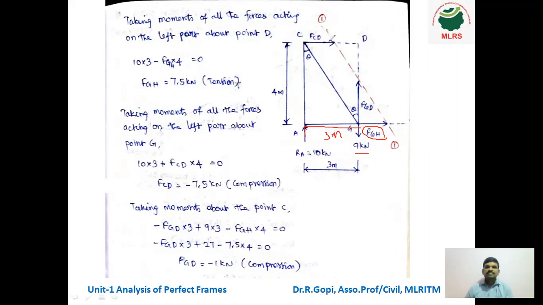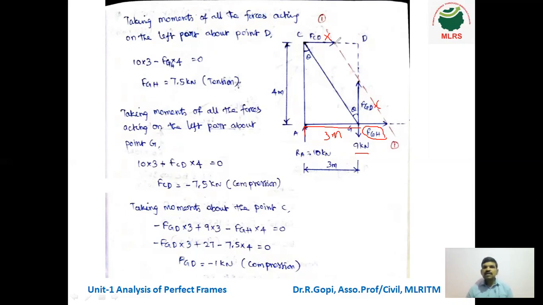Only 3 members we have to consider, because the section line cuts only 3 members: FCD, FGD and FGH. You can see here FCD and FGD both meet at the joint D only, so the distance is 0. These two forces we can't take, because there is no perpendicular distance.